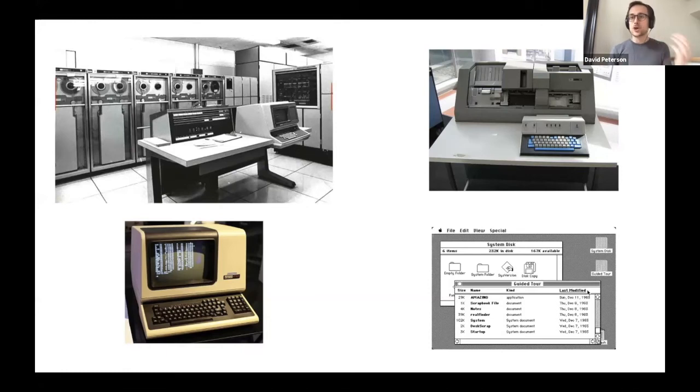Compare that to the terminal. Now you can type and the computer can understand you. And then compare that to the Macintosh GUI. Now you can interact with the computer with physical touch, with a mouse. That is an amazing progression of making computers more understandable to humans, something that we can really communicate with.